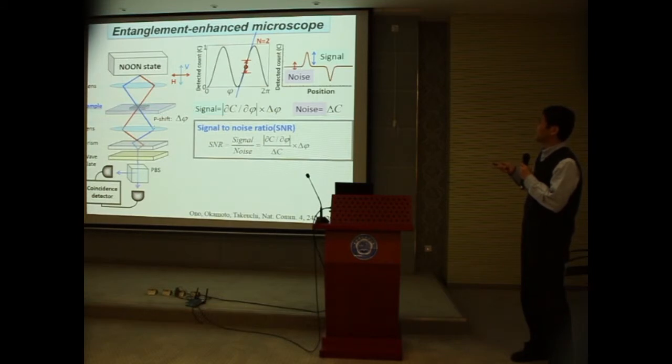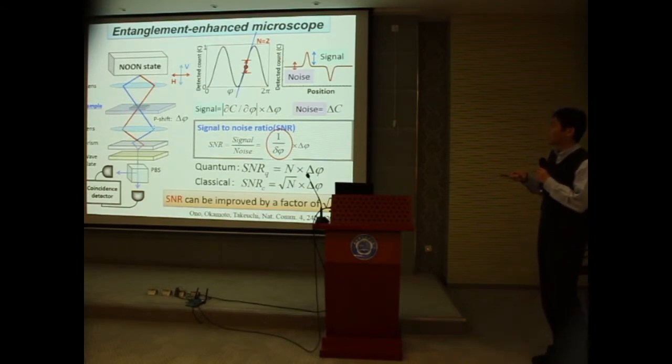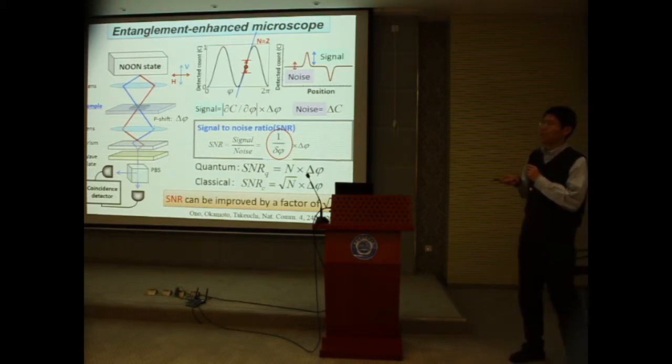And the noise is given by delta C. So signal to noise ratio is calculated like this, but this term, delta C over delta phi divided by delta C, depends on the source and detection schemes you are using. In case of quantum or entangled state, SNR is n times delta phi, but in the classical case SNR is square root n times delta phi. So by using entangled photons, SNR can be improved by a factor of square root of n. Here, n is the number of photons in one entangled state.